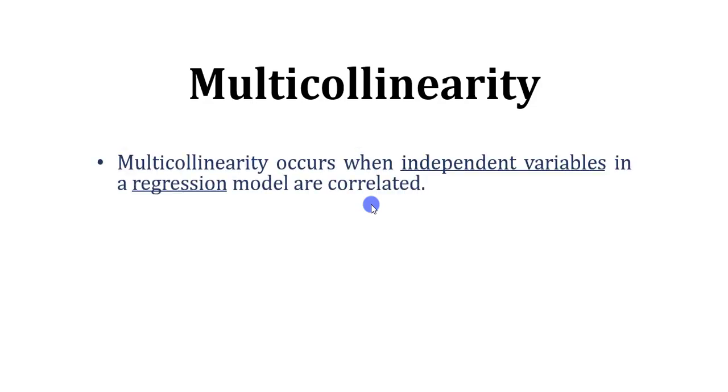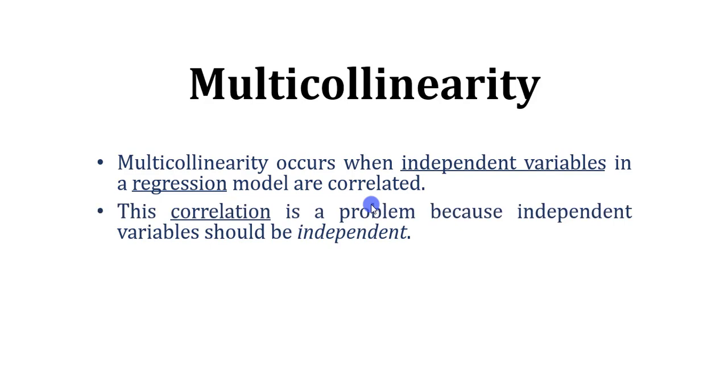So what is multicollinearity? Multicollinearity occurs when there is a relationship between independent variables. When our independent variables are not independent, they are correlated with each other. If we are saying independent, then it must be independent. It must not be correlated with others.